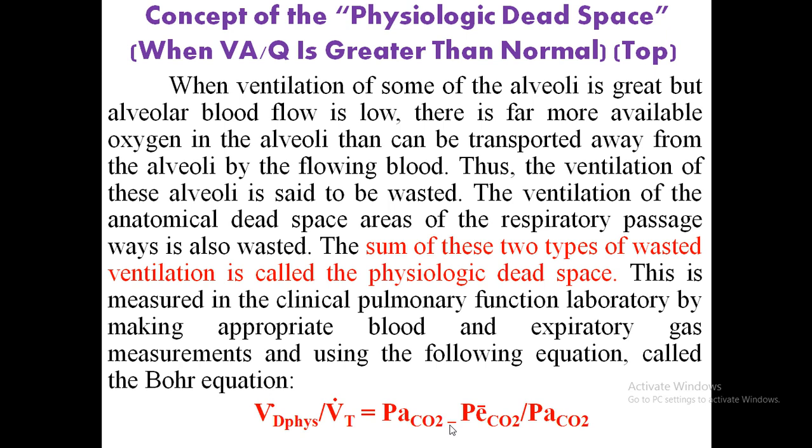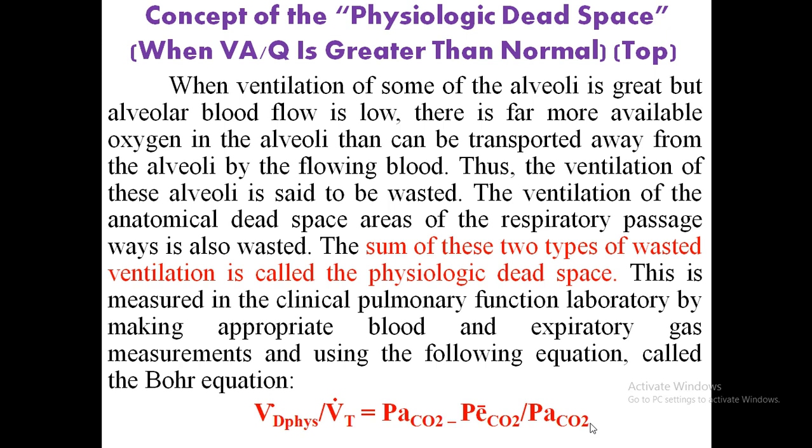This is measured in the clinical pulmonary function laboratory by making appropriate blood and expiratory gas measurements and using the following equation. You can see this equation is meant for the physiological dead space when the ventilation perfusion ratio is greater than normal, as we have in the upper zone.